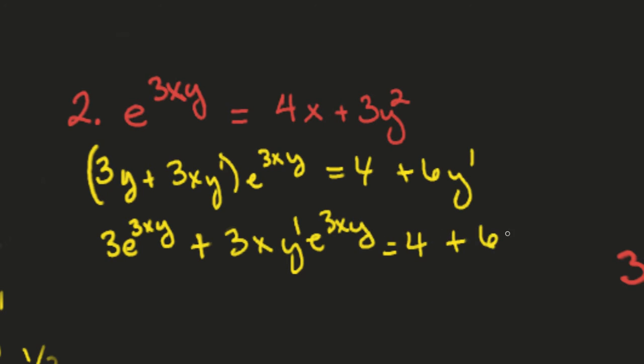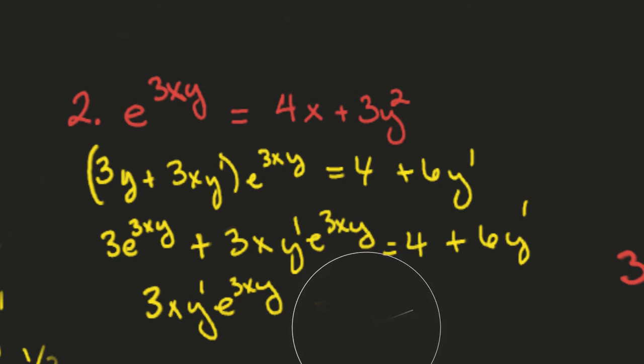Bring the y primes to one side and everything else to the other side. Let's just subtract the 6y prime on that side and subtract this 3e to the 3xy on both sides. And when you do so, oops, forgot the minus 6y prime there.